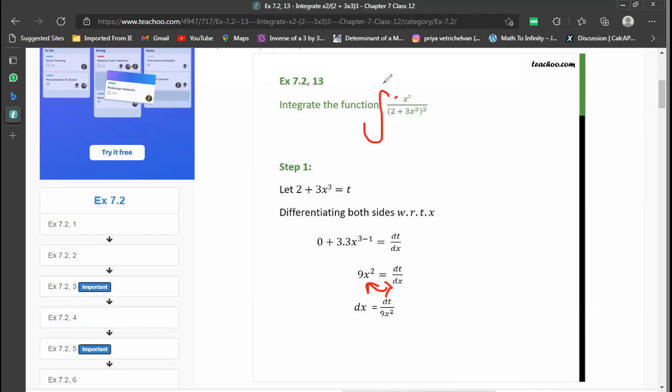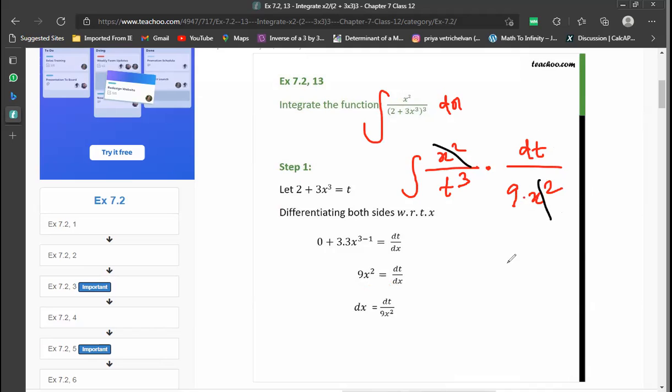So now let's change the question in terms of t. So just write x square as it is, and 2 plus 3x cube, the whole cube is nothing but t cube. And what is dx? It's dt upon 9 into x square. X square and x square will be cancelled.